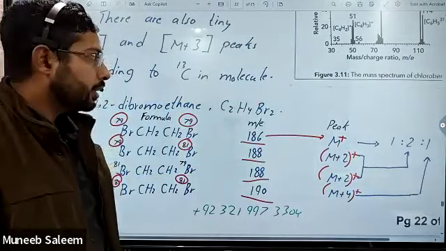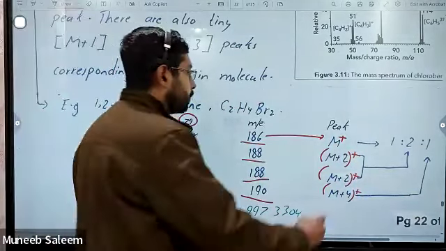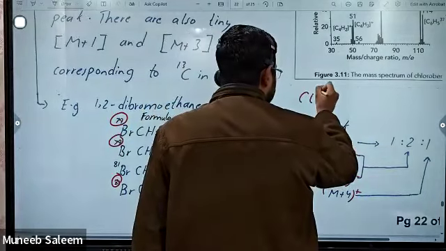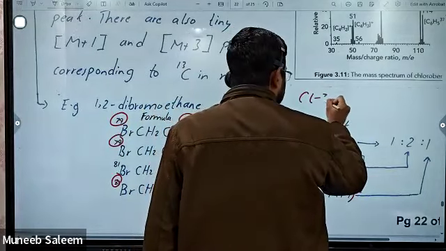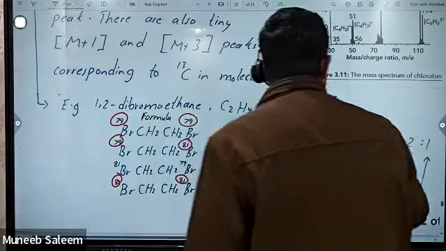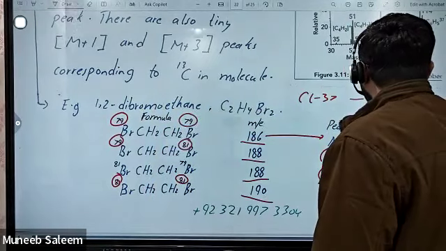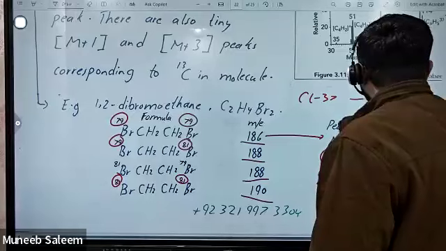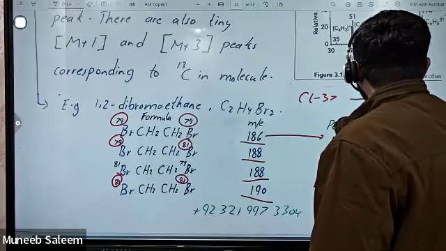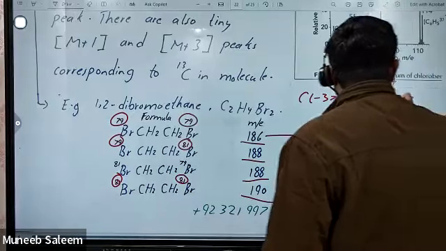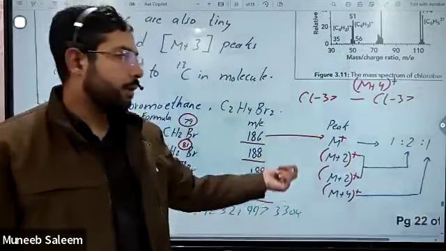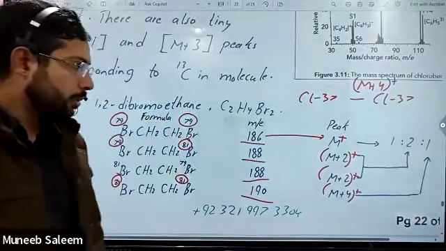Just like in case of chlorine, when we supposed that two chlorine atoms of 37 isotope were present in a molecule, if both chlorine atoms were 37, we got an M+4 peak. In the same way, we have an M+4 peak when we have two bromine atoms in a molecule.